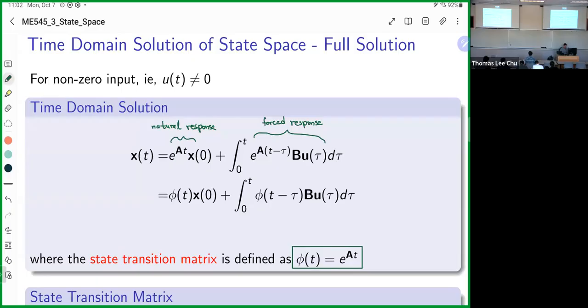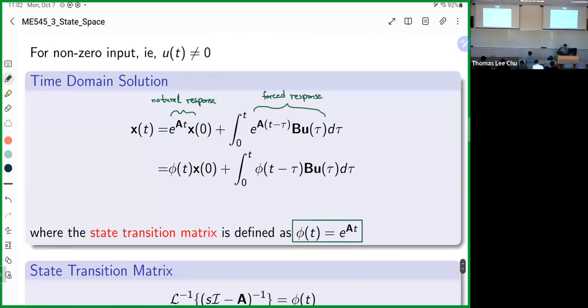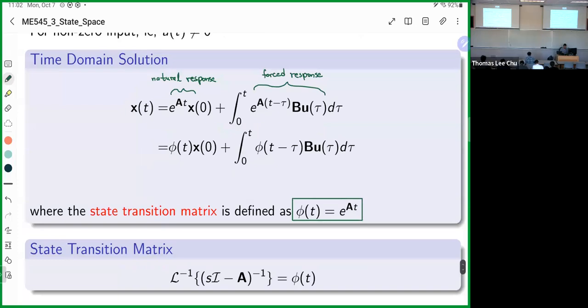And the state transition matrix is also defined as the inverse Laplace transform of sI minus A inverse. So that's the state transition matrix according to the book.